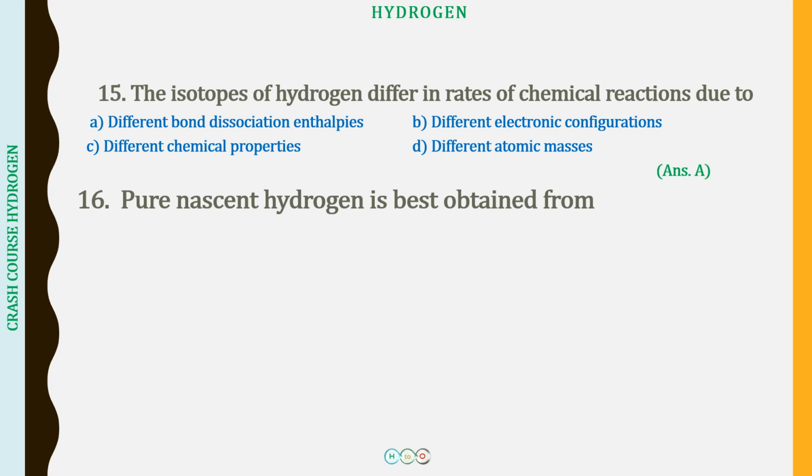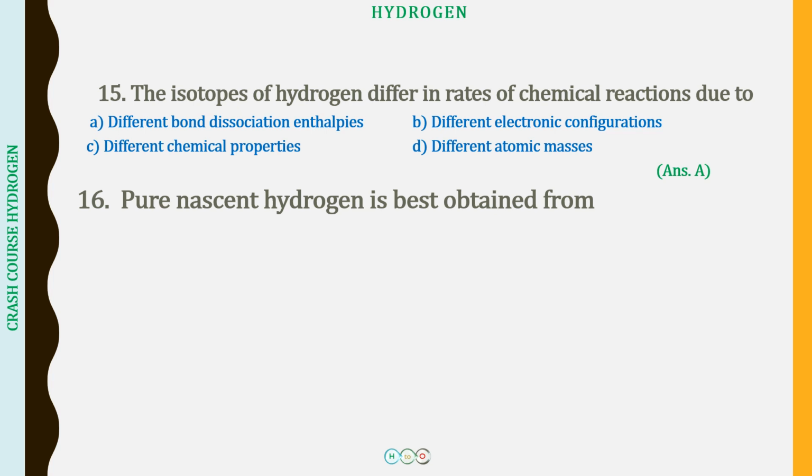Now moving on to the 16th, 17th and 18th questions, they pertain to my lecture number 3 from the course on hydrogen, in relation to the different forms of hydrogen. When I'm talking about the different forms of hydrogen, I'm talking about atomic hydrogen, nascent hydrogen, then nuclear isomers, ortho hydrogen, para hydrogen.